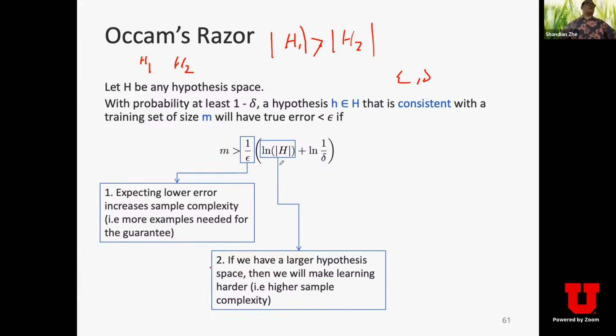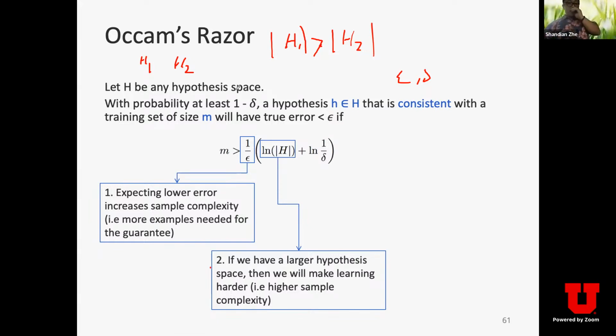This actually reflects or justifies Occam's razor principle. So what does Occam's razor tell us? If you have several models that can equally well explain the data, you pick the smaller or simpler one. And here, the hypothesis space reflects the complexity of your model.